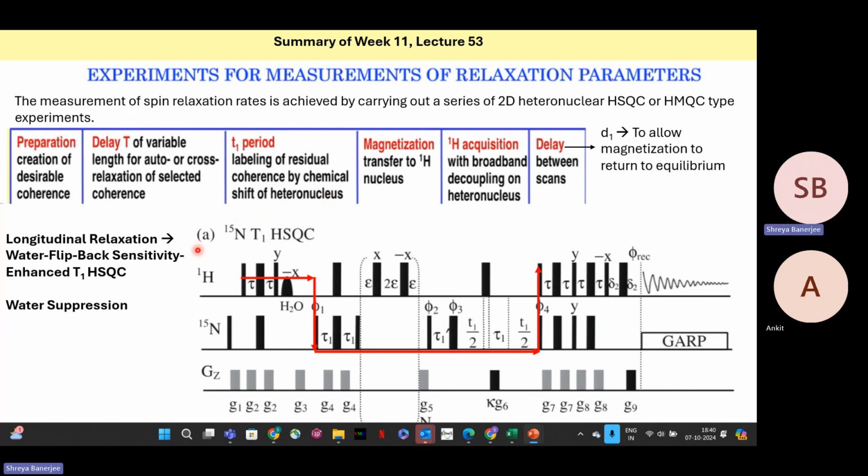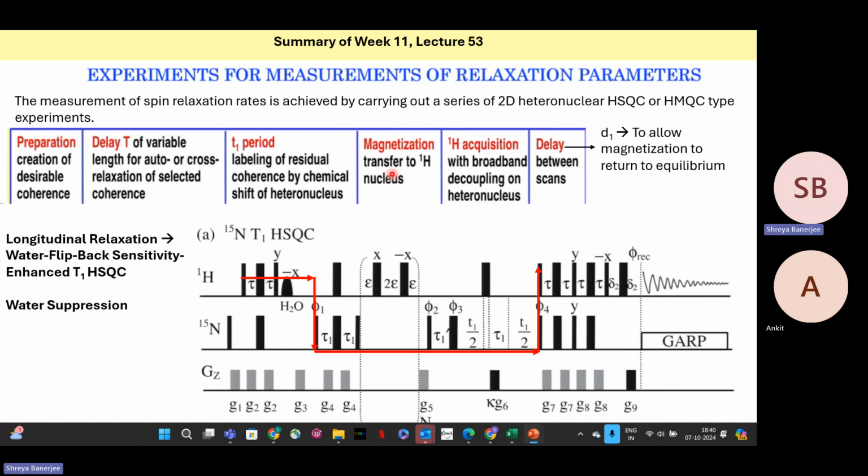What this means is that you start from hydrogen, then there is an INEPT sequence which will transfer the magnetization to the heteronucleus. And then you are allowing the magnetization to evolve in the heteronucleus for this time period t1. This time period t1 is when the magnetization is evolving along the heteronucleus.